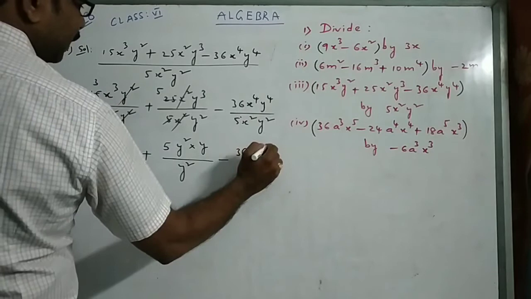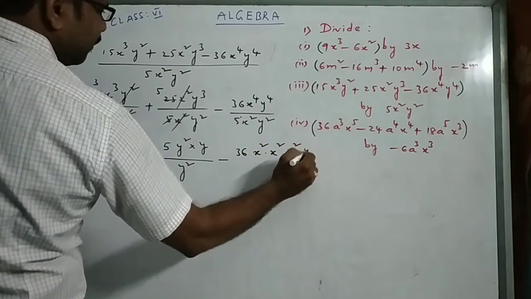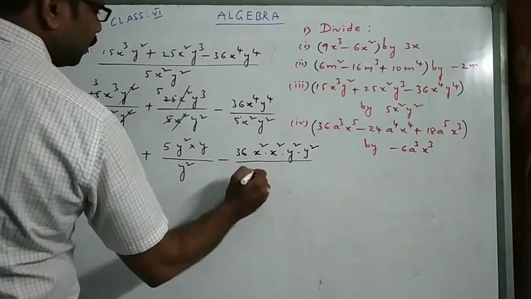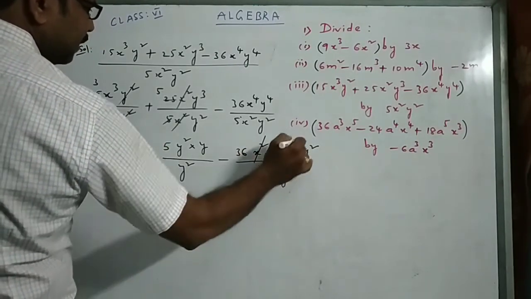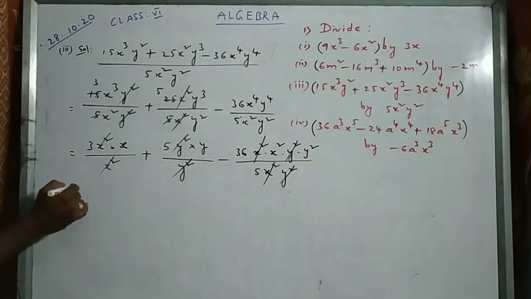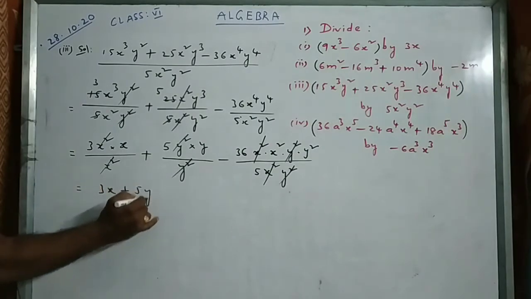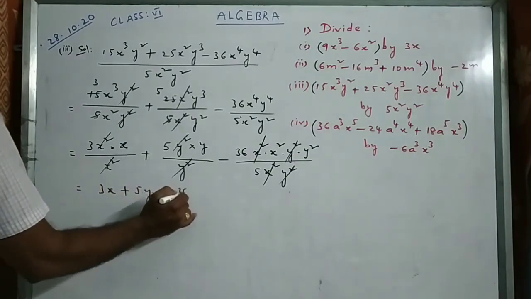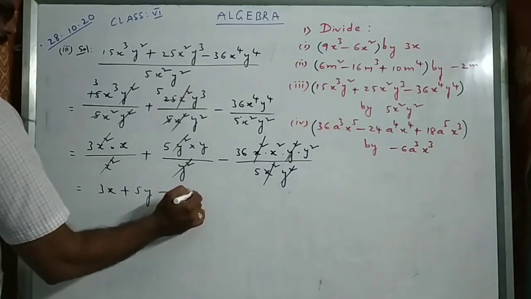Here x power 4 I can write x square, y power 4 I can write y square upon 5x square y square. Cancel, cancel. Here y square cancel, x square also cancel. What is remaining? 3x plus 5y minus 36 by 5x square y square.